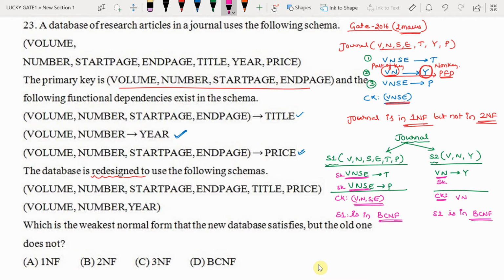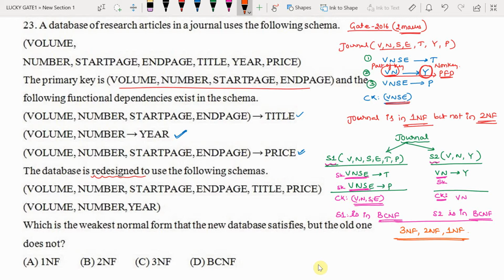Now the decomposition of the journal into schema 1 and schema 2 makes both relations BCNF. Because both are in BCNF, both also satisfy 3NF, 2NF and 1NF. Why? Because a relation in BCNF definitely satisfies 3NF, 2NF and 1NF.